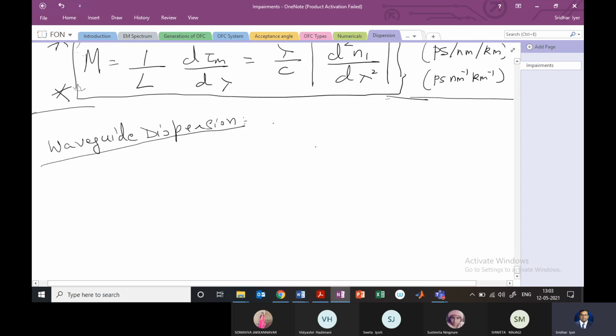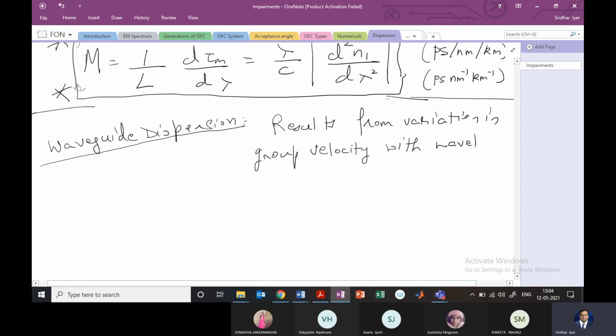So basically it results from variation in group velocity with wavelength for a specific mode.